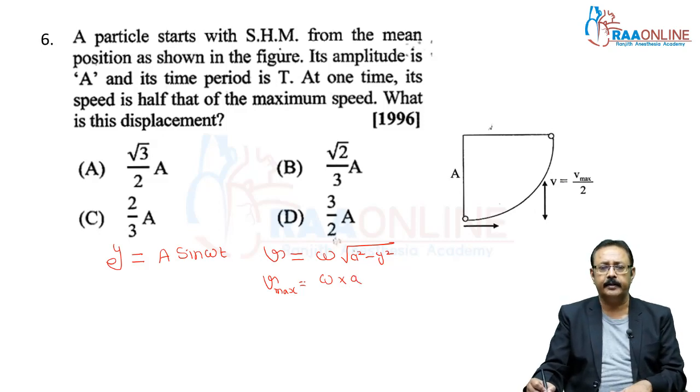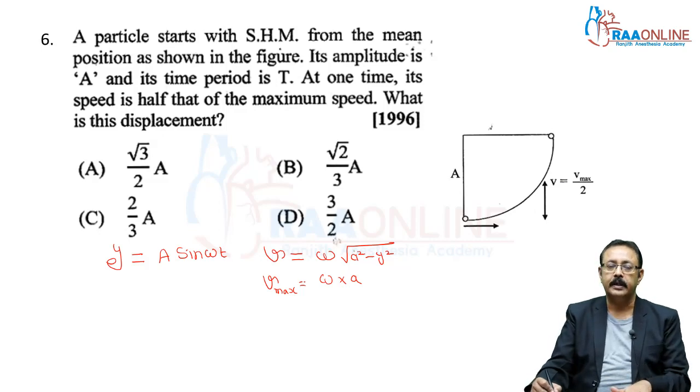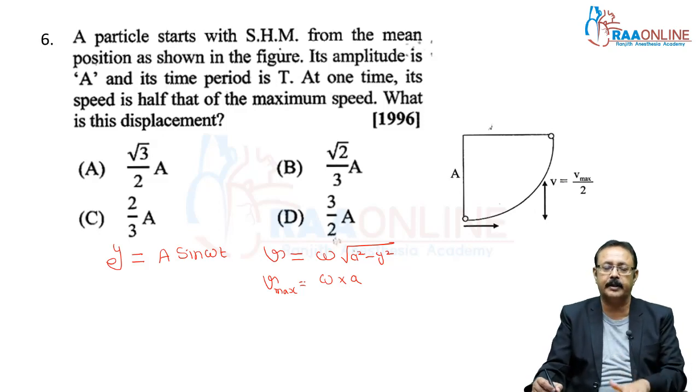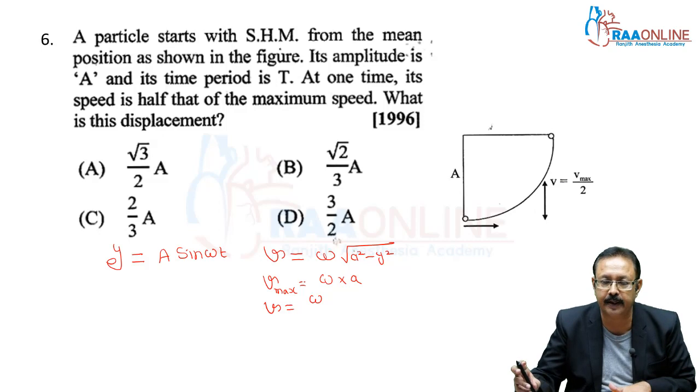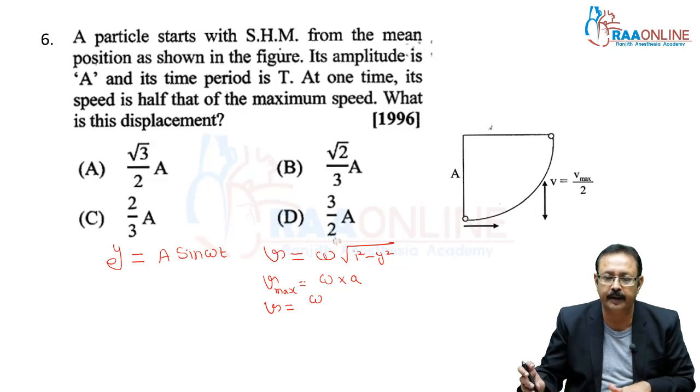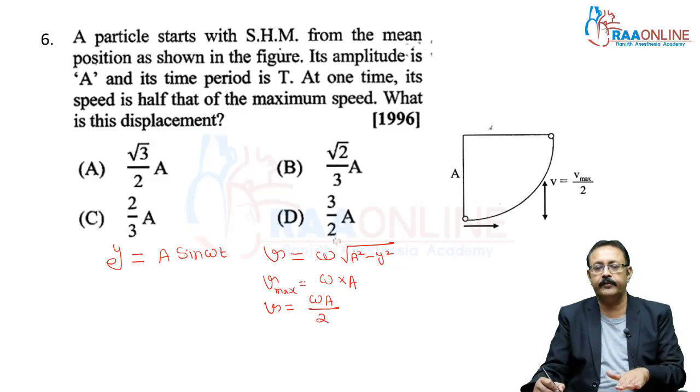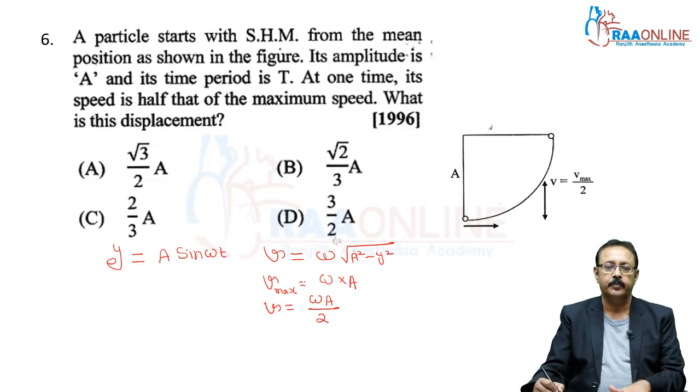They are saying that at one time its speed is half of the maximum speed. The maximum velocity was omega into amplitude, capital A. At one time it was half of the maximum value, which means it was omega A by 2.